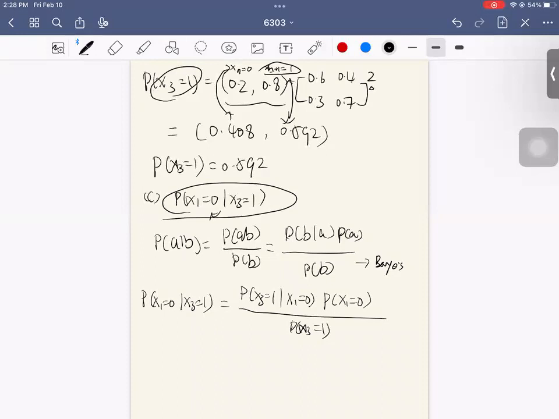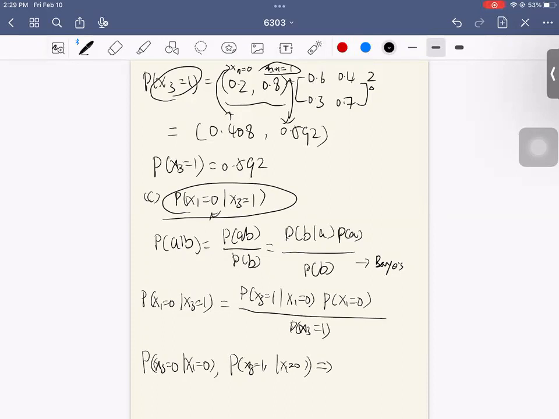So we have this equation just like the previous one, similar to the one we did. x3 equals 1 and x1 equals 0. This is just similar to what we did in the last example.